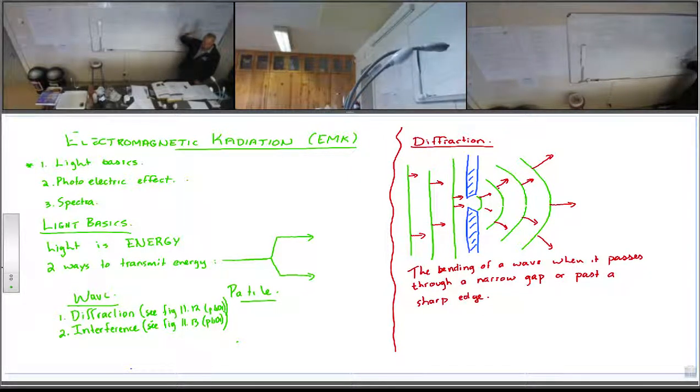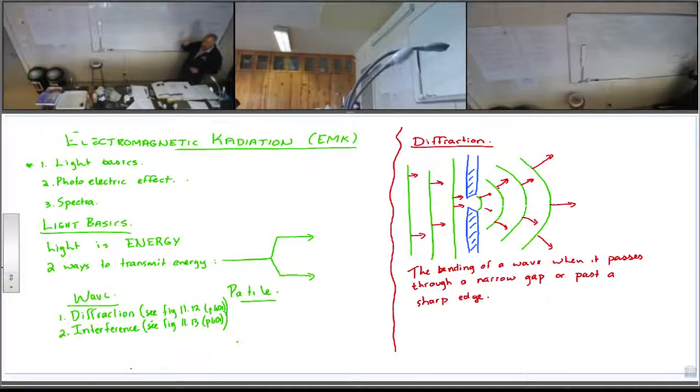So you're shining green light to this narrow slit. Now we all accept that the light that comes through there is not just going to be a narrow slit of light. You agree? What's that light going to do? It's going to bend outwards. So if you were over here looking at this, you wouldn't just see a narrow slit of green light, you'd see a wave of green light that's bending outwards.